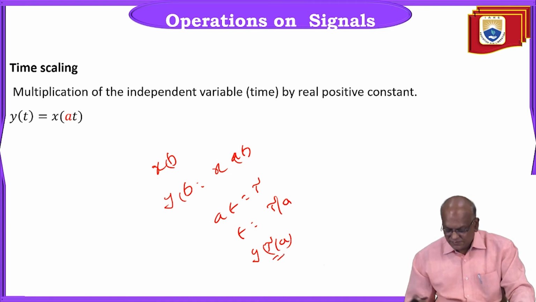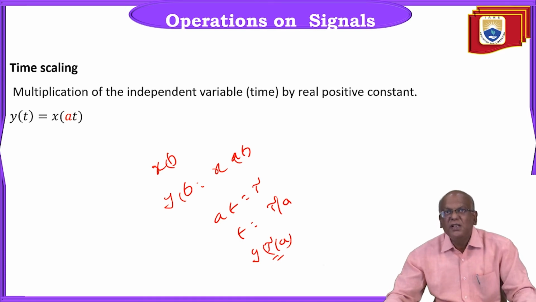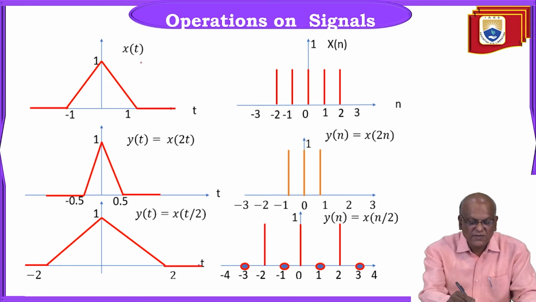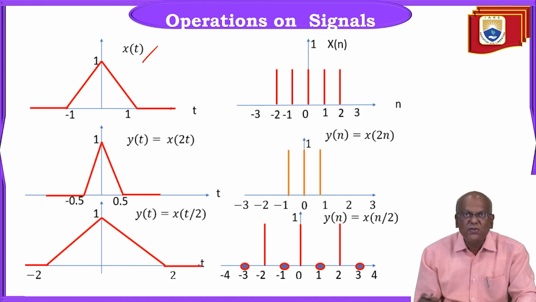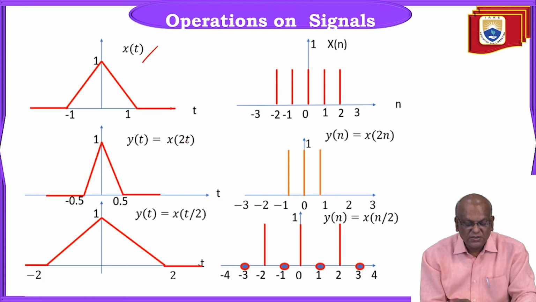Now you can see that when you perform a time scaling operation, it does not affect the amplitude of the given signal. Let us consider the x of t signal and perform a time scaling operation with a equal to 2. Then y of t is the time scaling of x of t by 2, that is x of 2t. What happens?